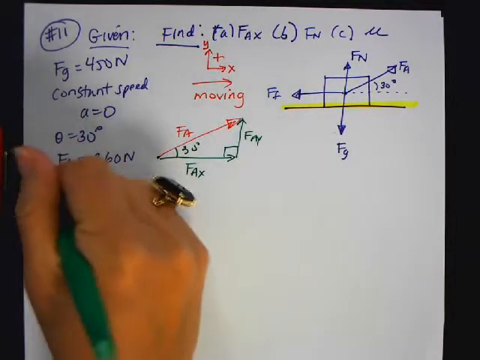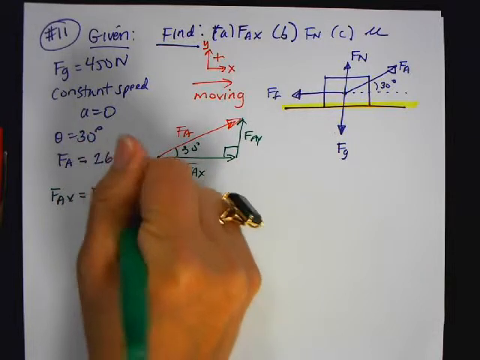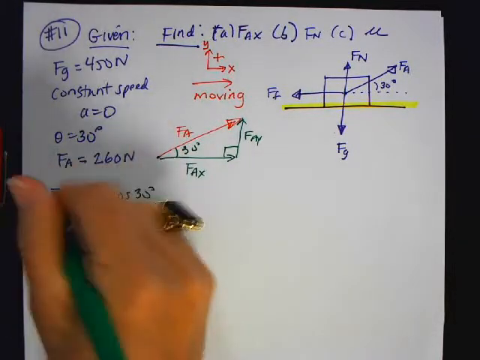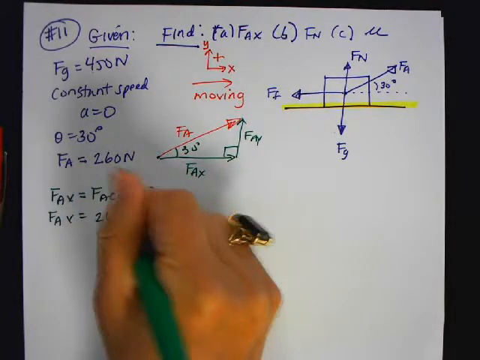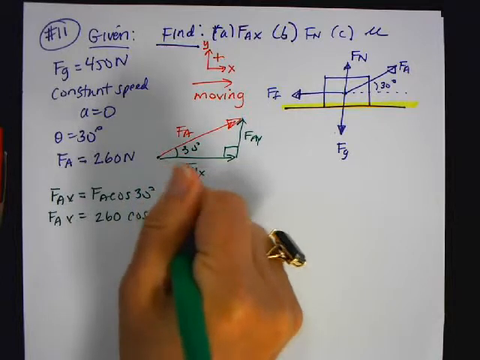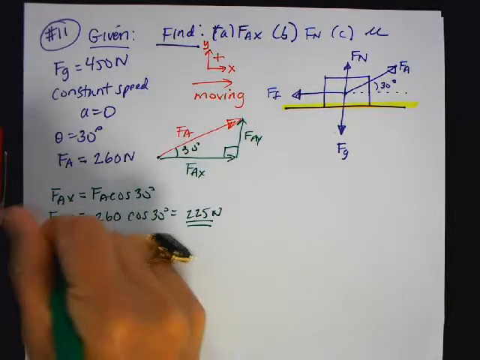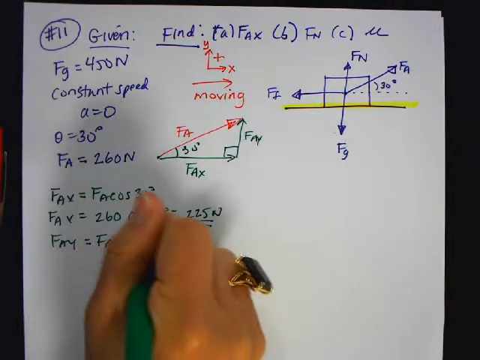So now when I look at this, FAX is equal to FA cosine of 30 degrees. Why is this cosine? Because it's adjacent to the given angle. So FAX is equal to 260 times the cosine of 30 degrees, which is equal to 225 newtons. FAY is equal to FA sine of 30 degrees.